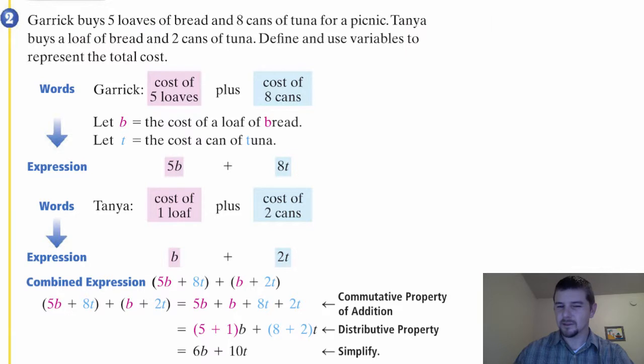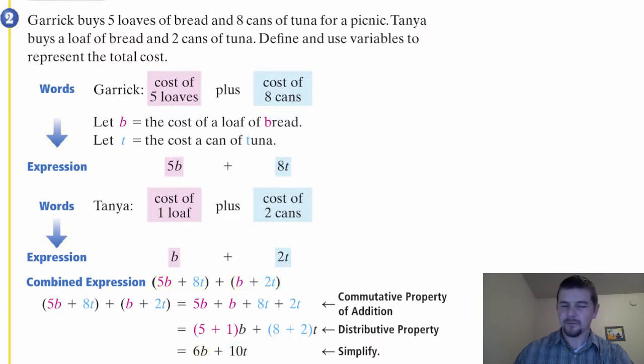Combining like terms, 5B plus B plus 8T plus 2T. Simplifying, well, 5B plus B is 6B, and 8T plus 2T is 10T.